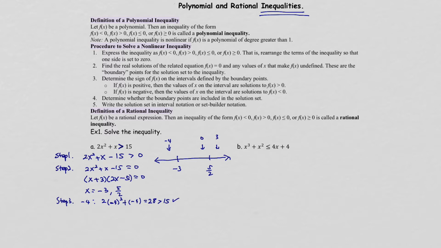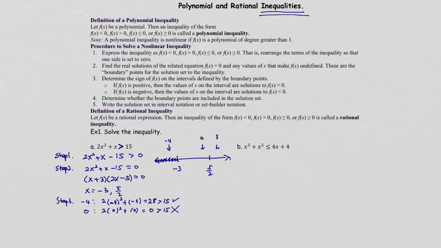What about if you try 0? Let's see what we get. 0 times any number is 0, plus 0 is 0, which is not greater than 15. That's not true. So negative 4 works, so this area worked, but the next area didn't.